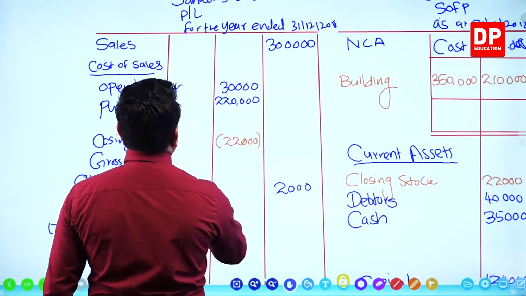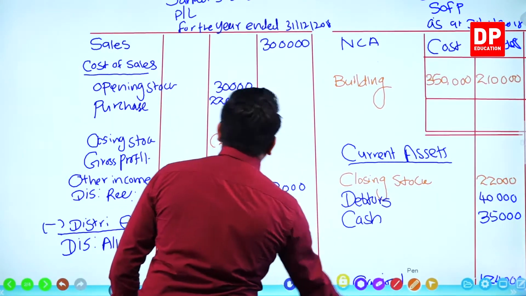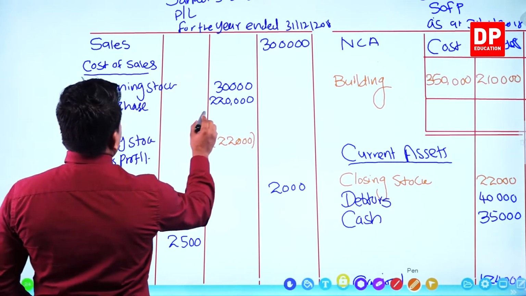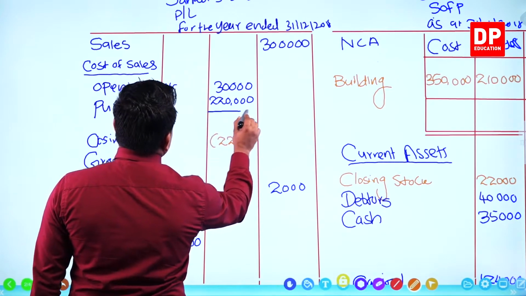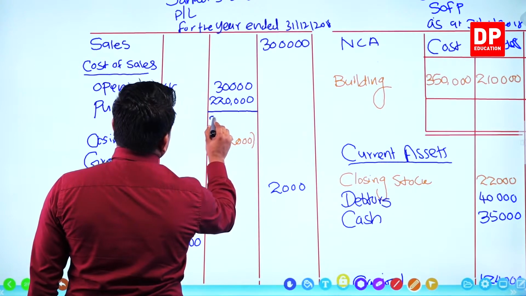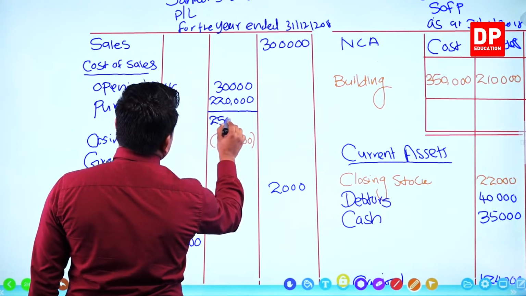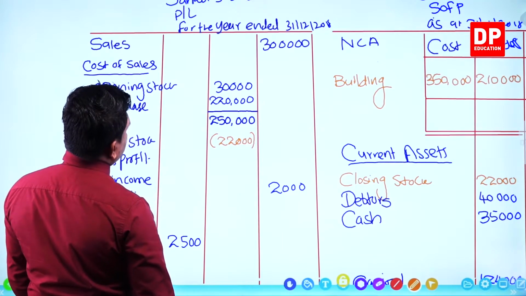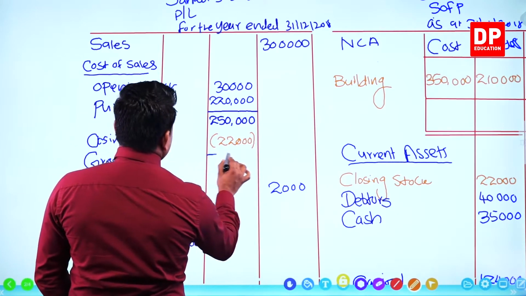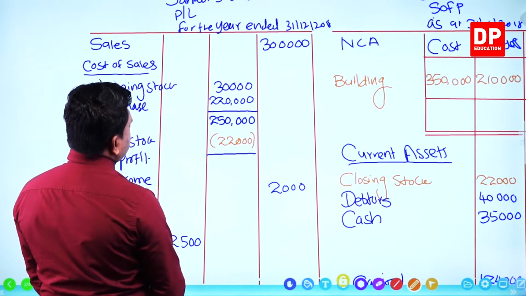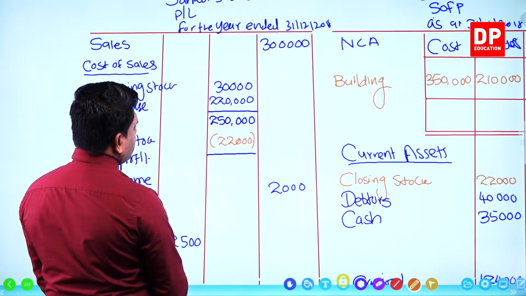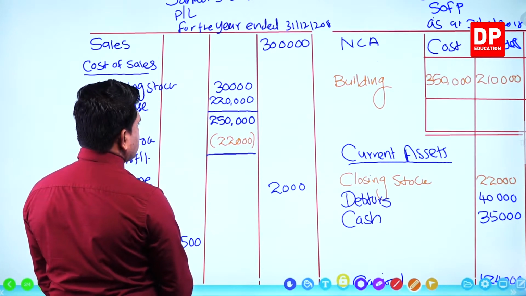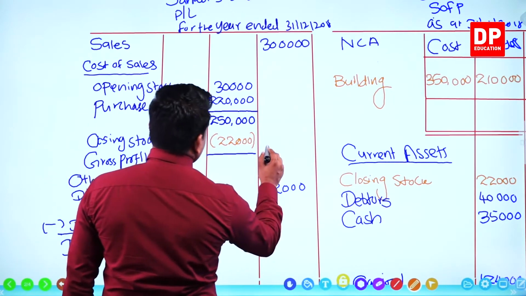You get the values clearly, correctly. Okay, 300,000. Here, 220,000 plus 30,000, 250,000. Then minus 22,000, then 228,000, right?